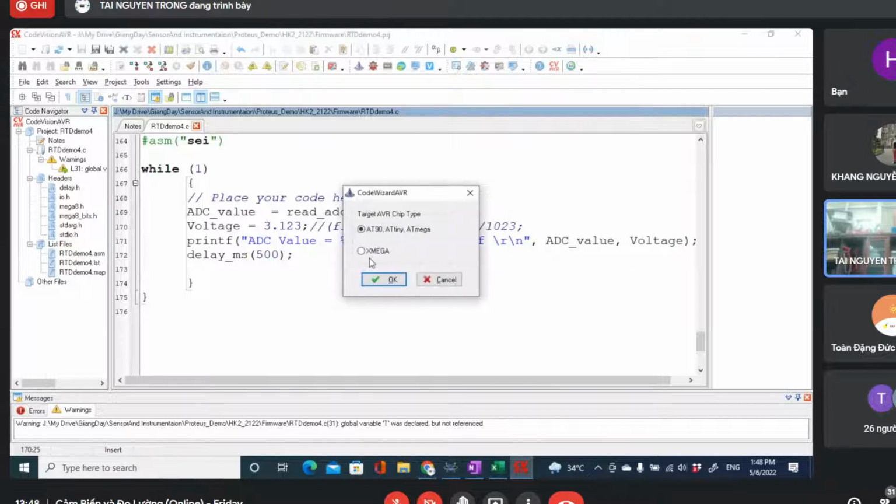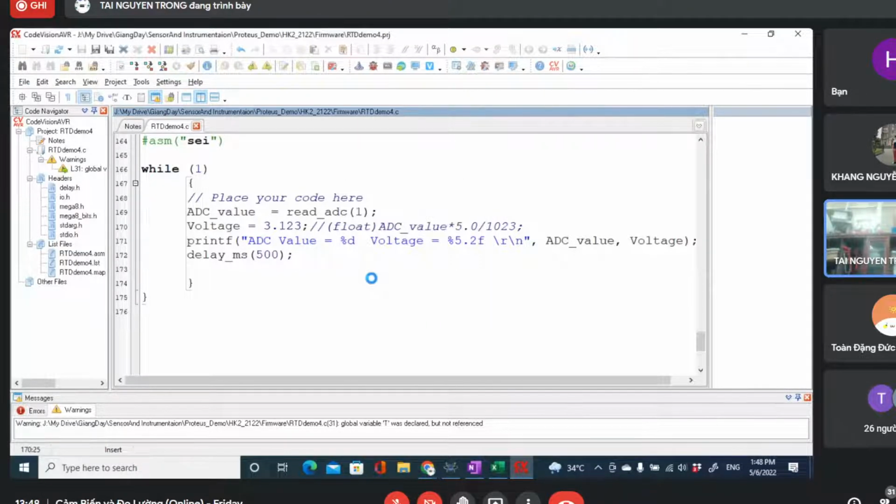I don't know why, when I present to this group, there is trouble when we export the float value.